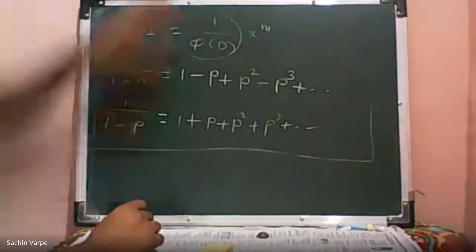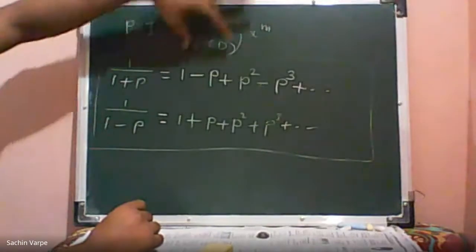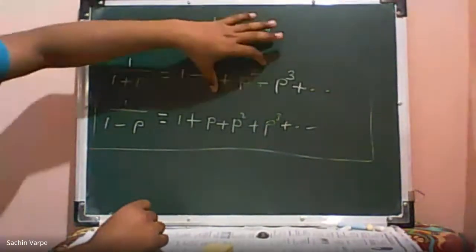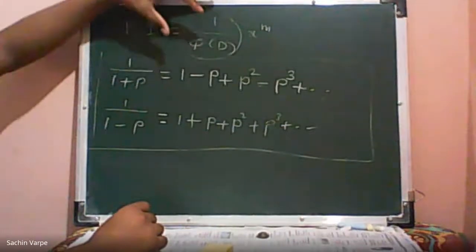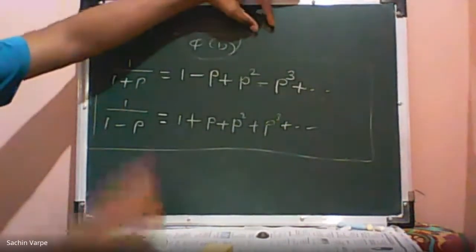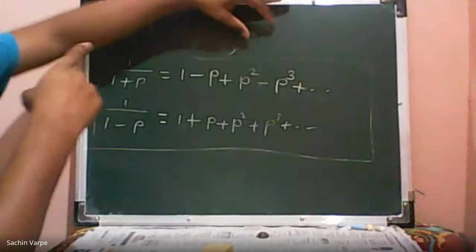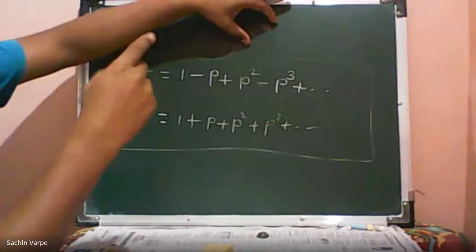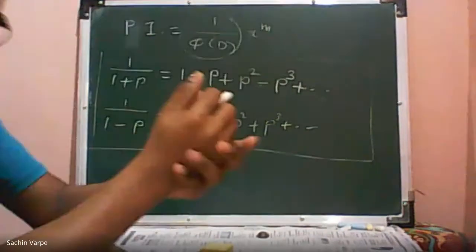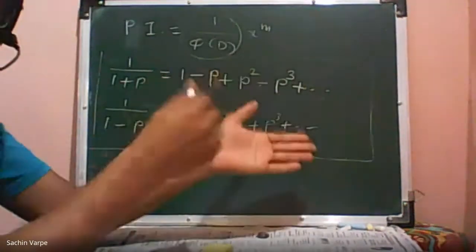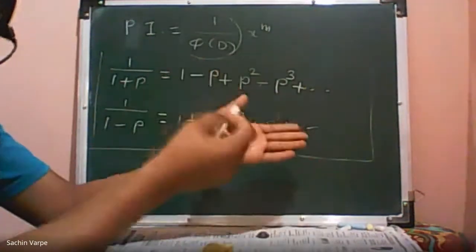So what we are doing, we are expanding 1 upon phi of d using these expansions, and from those expansions we are considering the terms up to the power of this polynomial, or order of this polynomial. That means if the order of this polynomial is 2, then we are considering the terms in the expansion up to d square only, isn't it? Because we have seen d cube of x square will be what? 0, isn't it?